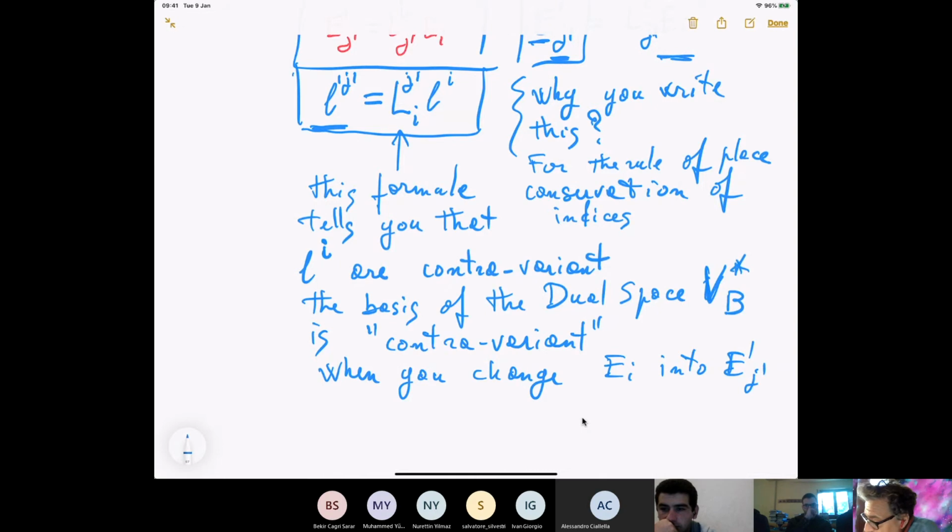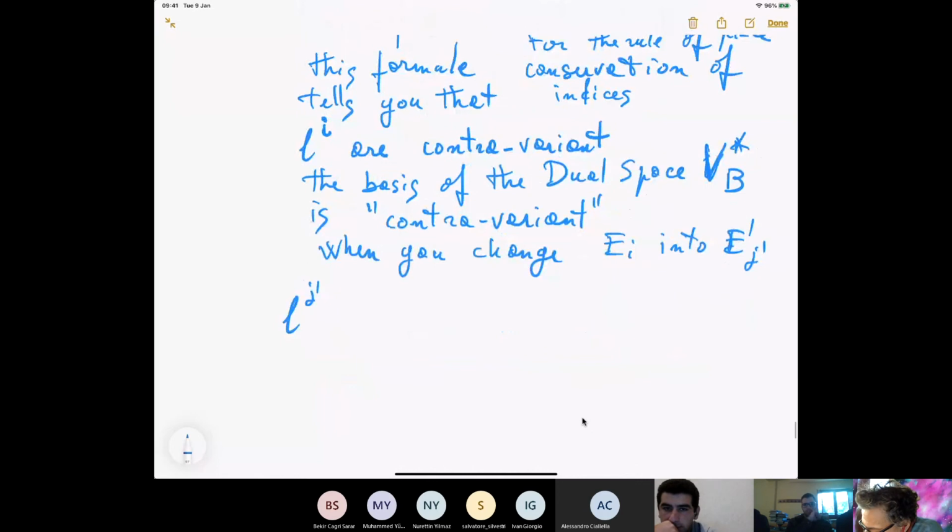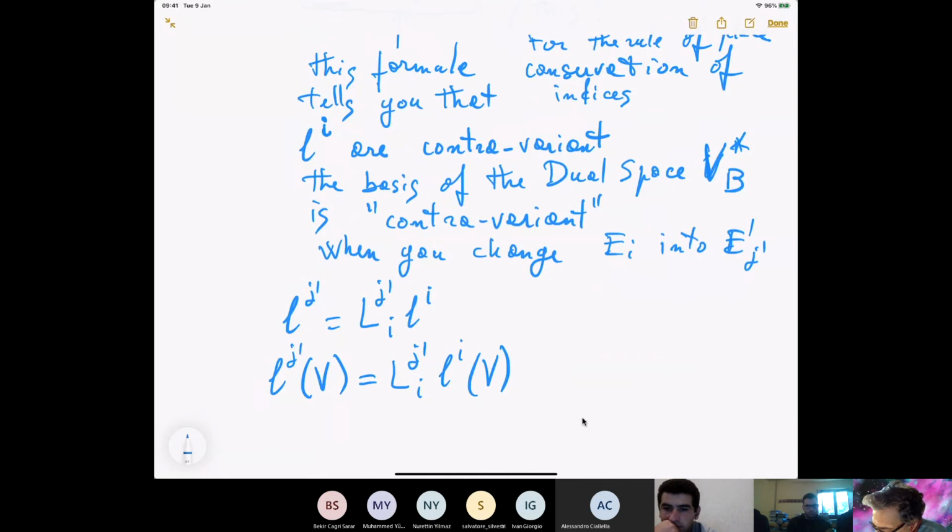Okay. Now, how can we verify this? Lj prime equals Lj prime I Li. How can I verify this? Lj prime V must be equal to Lj prime I Li V for every V. You agree with me?